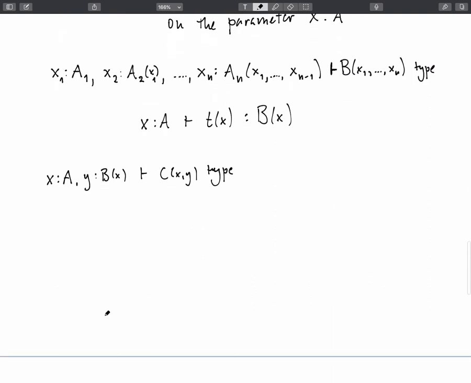You first have A, and then B of x is a type which depends on A. So you pick your x, and here you have B of x. And now together you have C of x, y. Right? Now you have to have something above, which is getting a little difficult to draw.